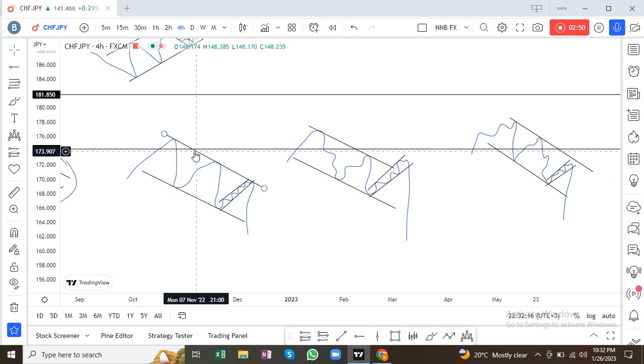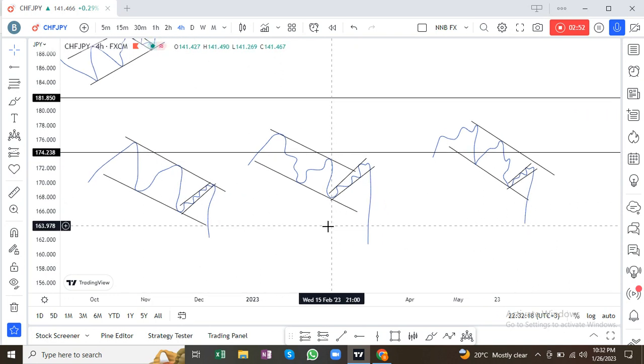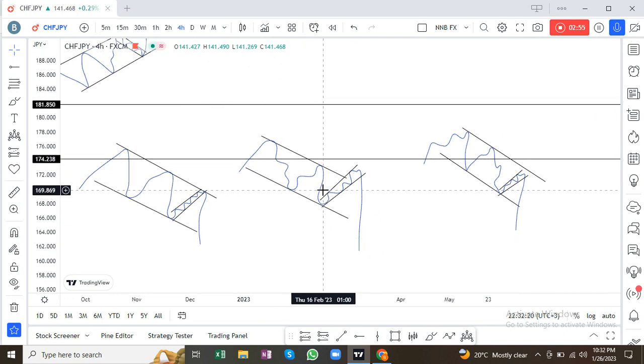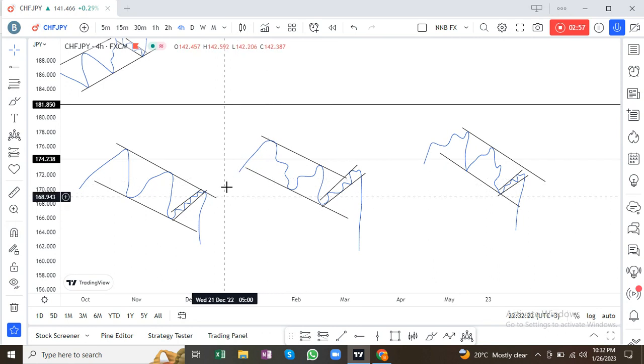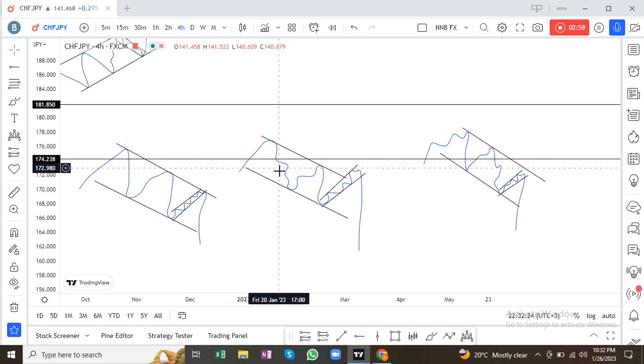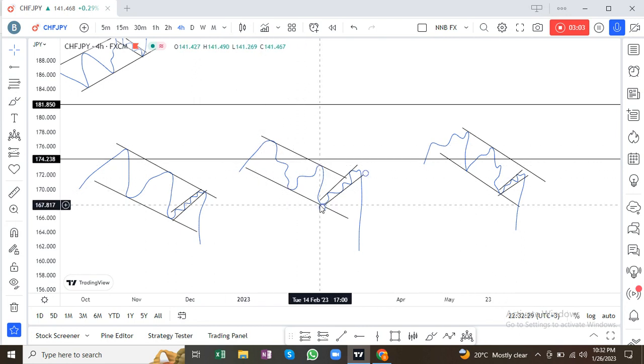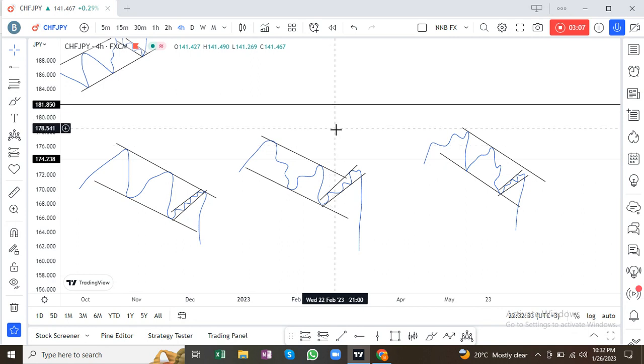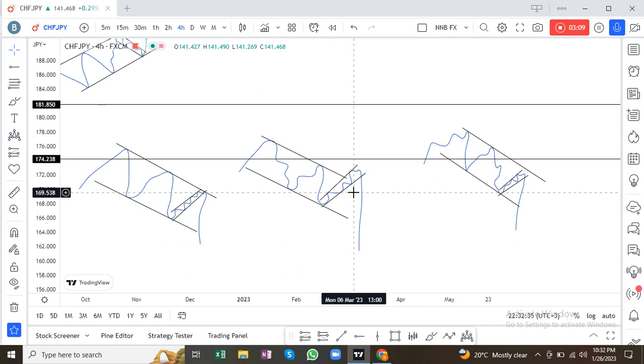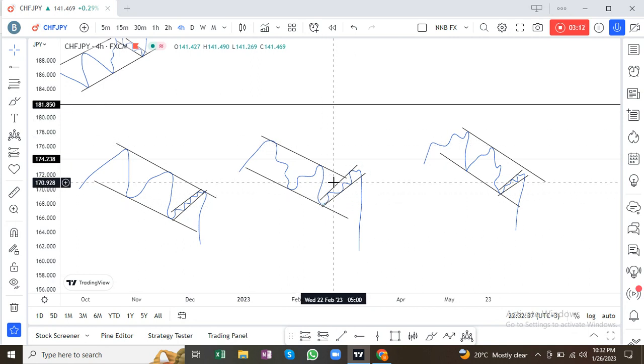Sometimes it reaches the trend line up here, and sometimes it might break the trend line just a little, like here. It starts moving down, normally correctively, and then on the last part, when you are expecting it to impulse back up to these highs, it starts moving up correctively.